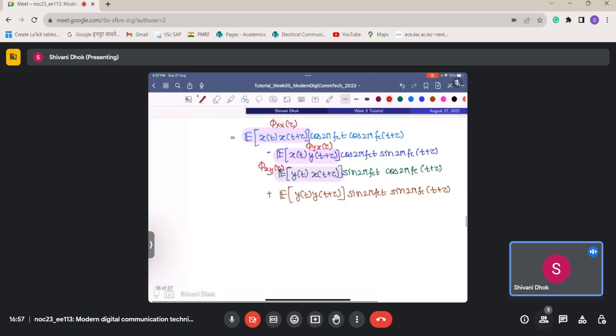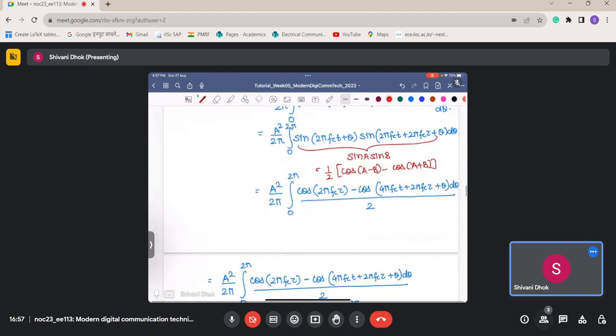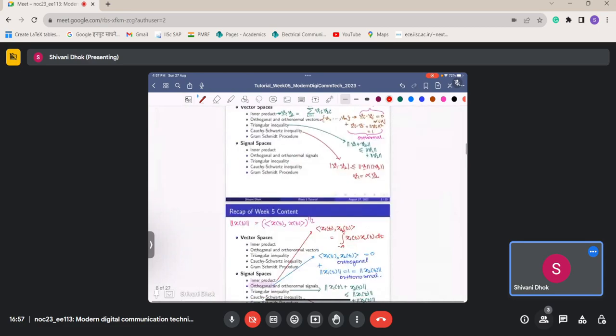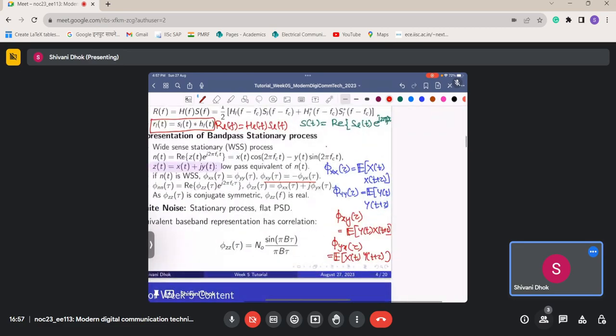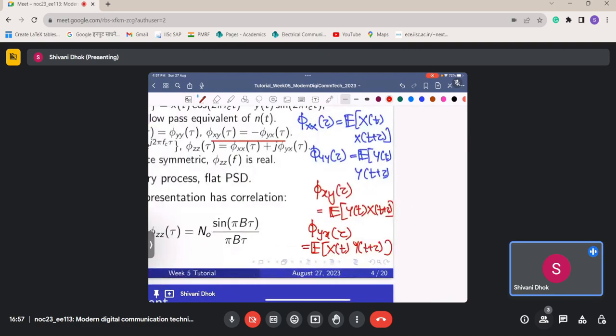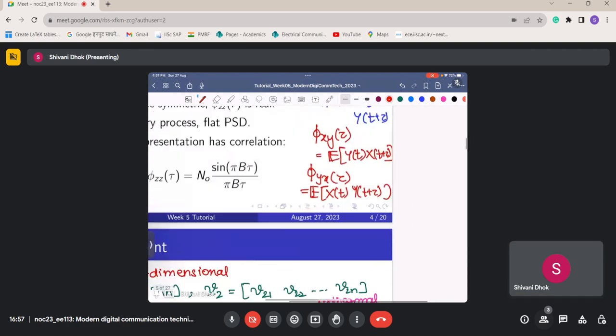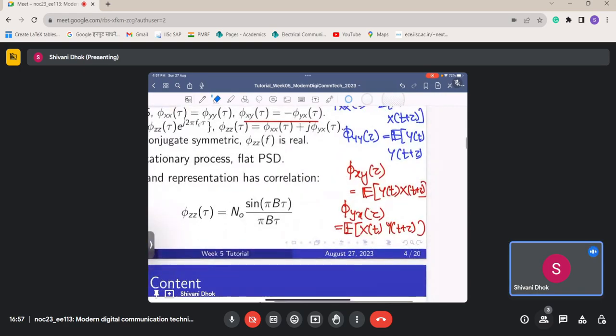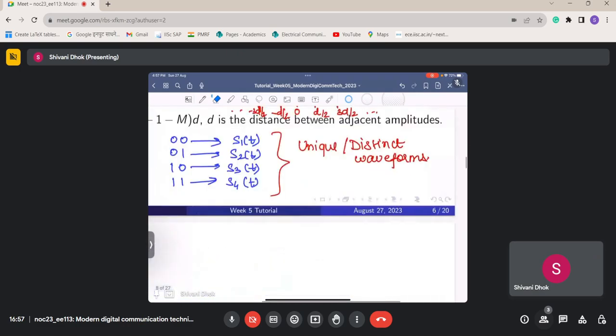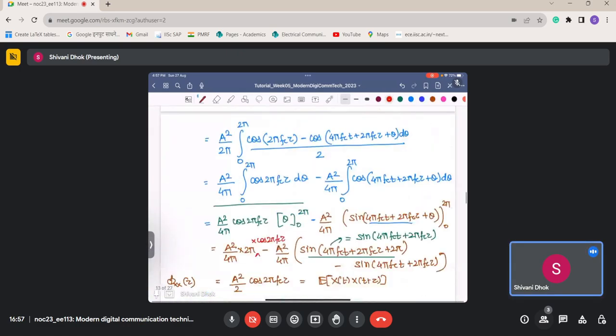So this is the same definition which we had looked at previously. Here, phi xy of tau is the expectation of yt into x of t plus tau. Same thing we are using here.